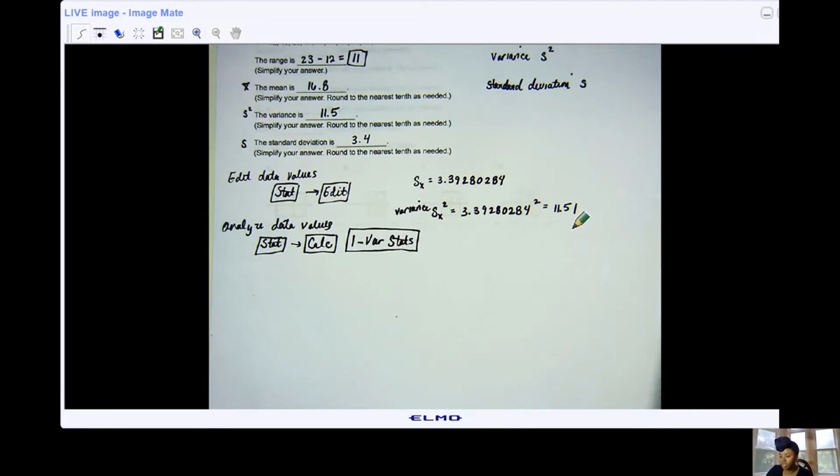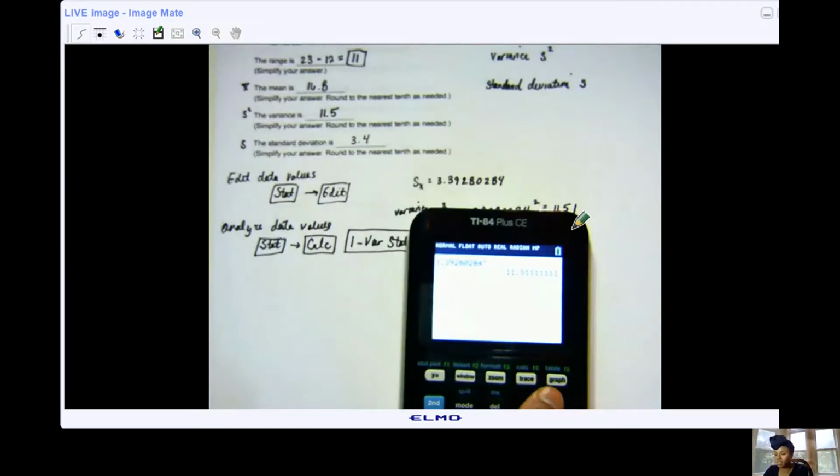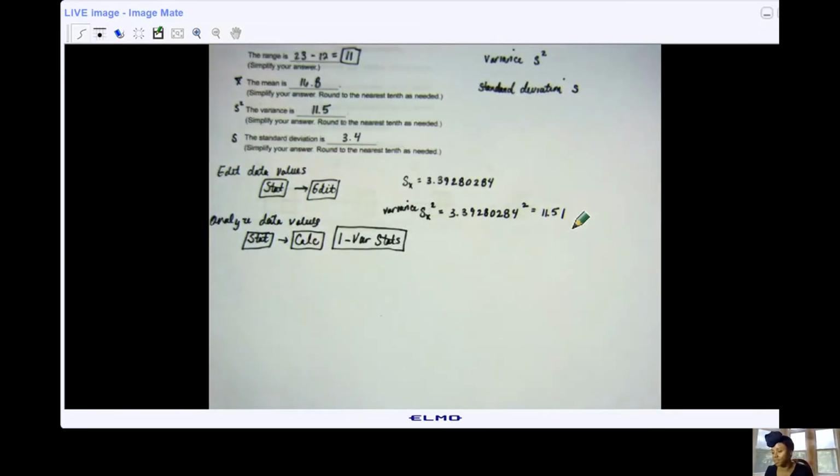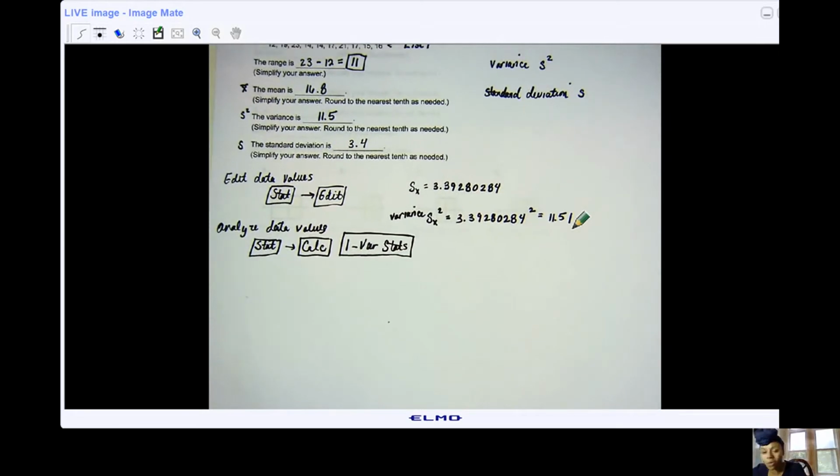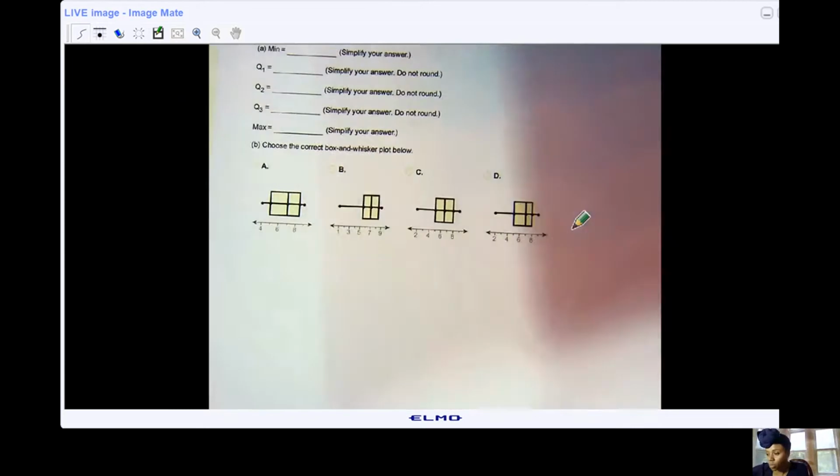Okay, so technology is your best friend, I promise. Some of these problems, their formulas can be nasty, okay? So again, 2.1 starts as looking at measures of central tendency, mean, median, and mode. And then it talks about measures of spread, standard deviation, variance, range.